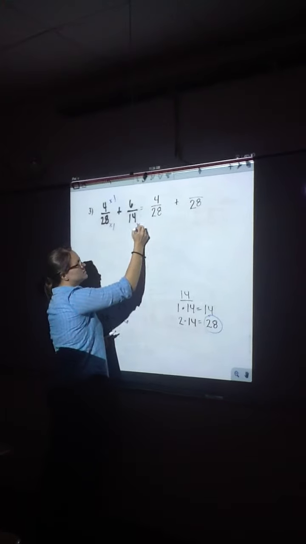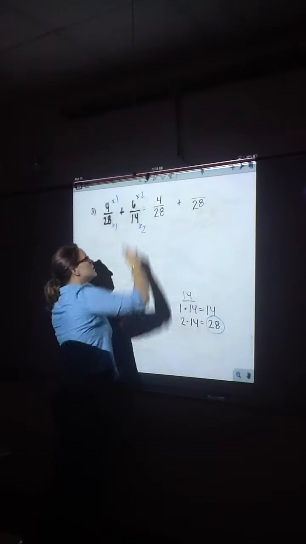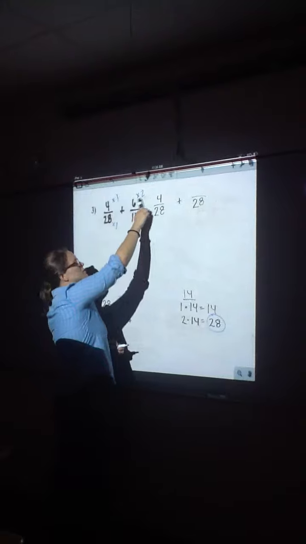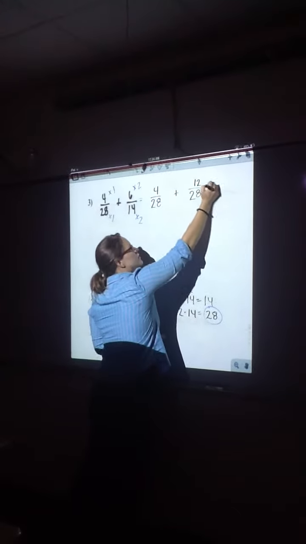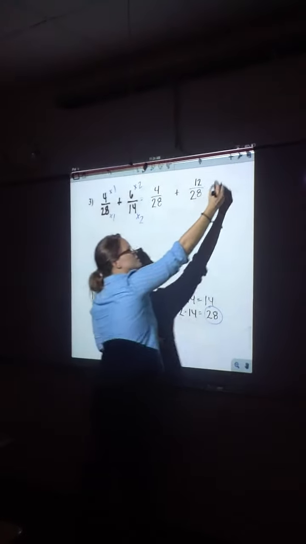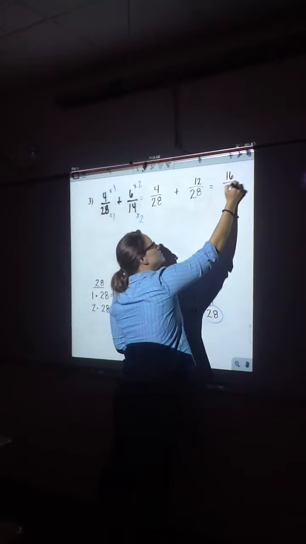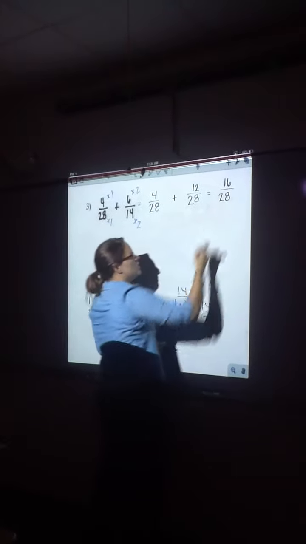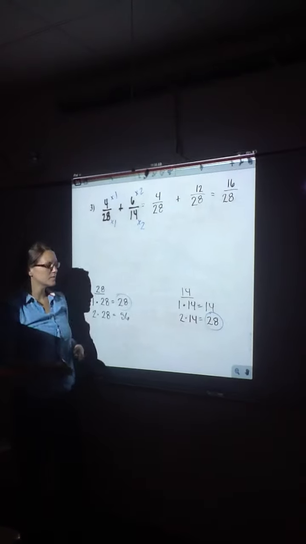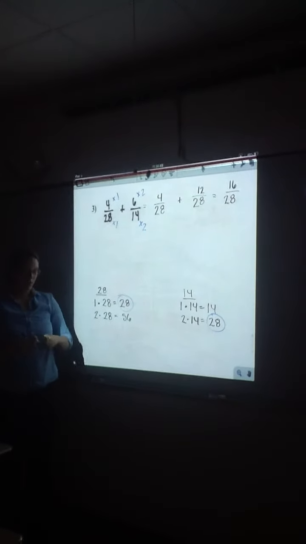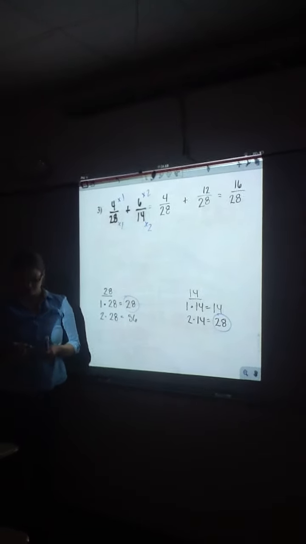I multiply it by 2. So I'll multiply the top by 2 and be left with 12. Add these fractions together. 4 plus 12 is 16, all over 28. That was our least common denominator. We were able to add our fractions.